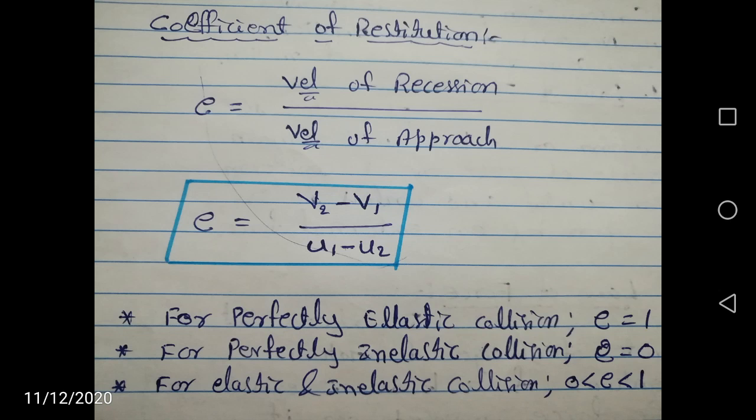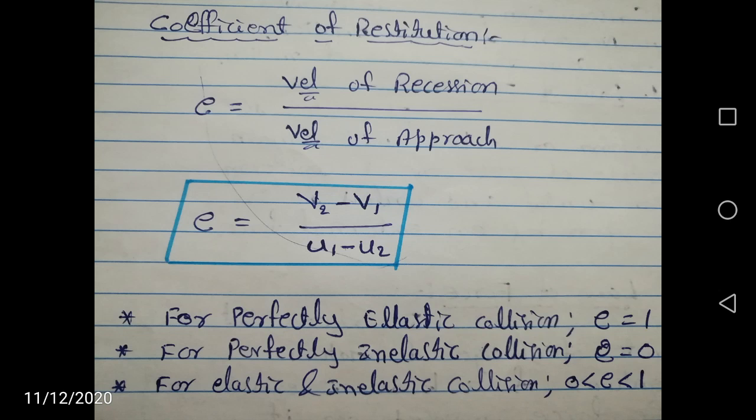If the value of e is close to 1, it suggests that very little kinetic energy is lost during the collision. That is, the amount of kinetic energy lost is very small. On the other hand, if the value of the coefficient of restitution is close to 0, it suggests that a large amount of kinetic energy is lost during the collision.